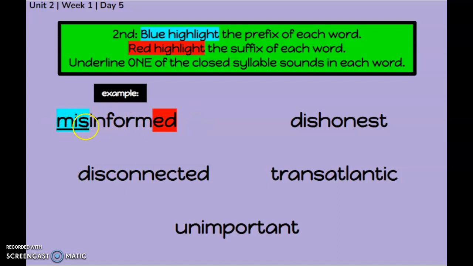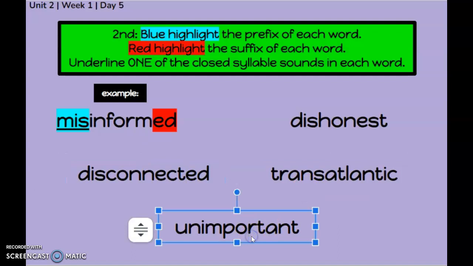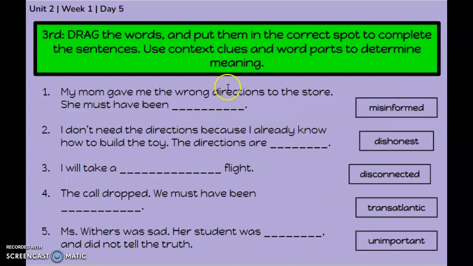Miss is my prefix, ed is my suffix, and miss is also a closed syllable sound because it has a short vowel sound with the I followed by a consonant, the S. So you're going to highlight, highlight, and underline 1, 2, 3, 4 words. And then you're going to drag the words and put them in the correct spot to complete the sentences, using context clues and word parts to determine the meaning.